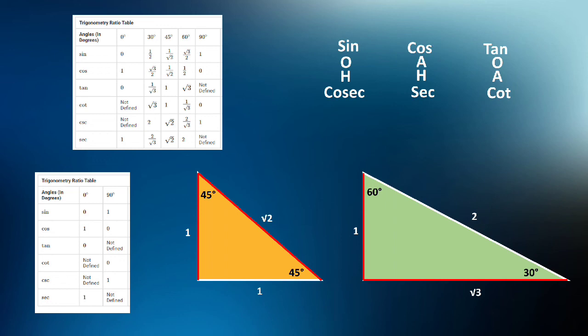Sine 0 is 0, sine 90 is 1, cos 0 is 1, cos 90 is 0. Just memorize this small table. You don't have to remember the entire big table, but if you can remember it, well and good. There will be no problem for you to solve these problems.